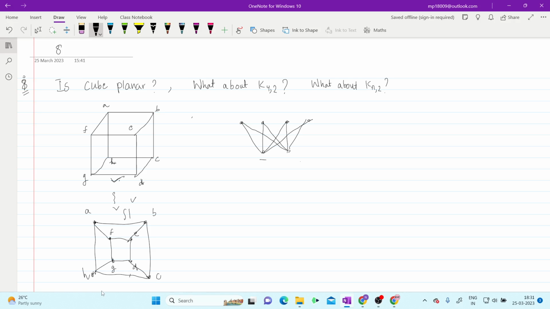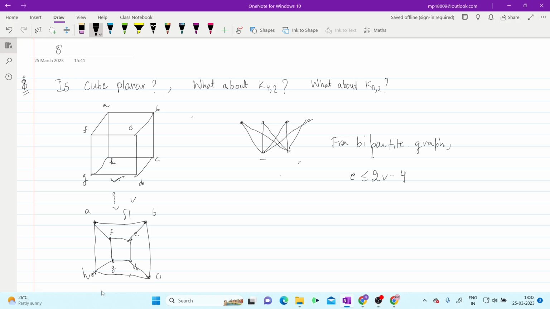What about K4,2? First of all, let's see what the numbers are. We know that for a bipartite graph, the number of edges should be less than or equal to 2v minus 4, because a bipartite graph has no triangles.